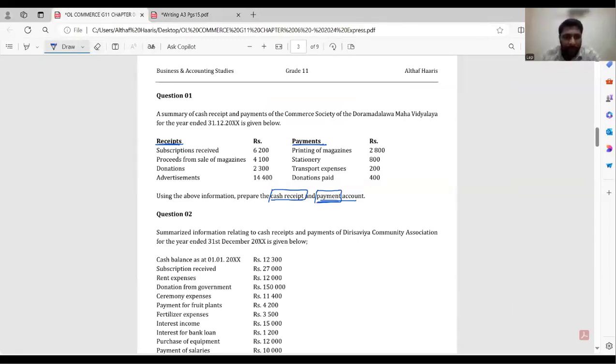First, you have a summary of cash receipts and payments of the Commerce Society of Doramadalawa Mahavidyalaya given. Subscription receipt. So what is this subscription, people? As I told you, when you are in a society or association, they will charge a membership fee. In a society you have to pay 100 rupees every month, 200 rupees every month.